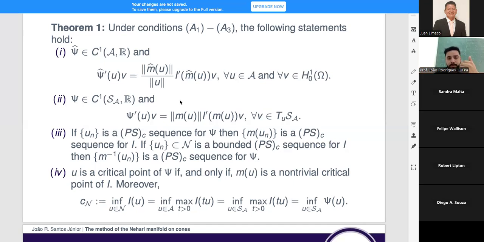Some relations are observed between these two functionals.